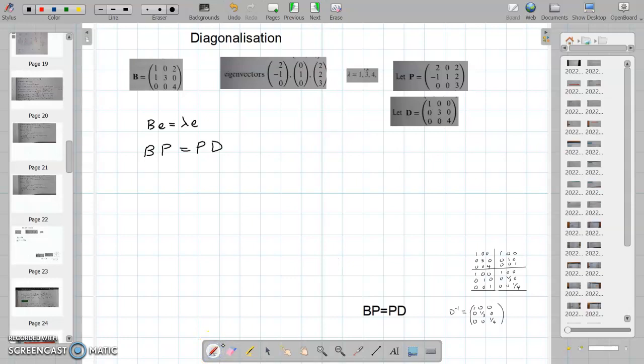We want to get B on its own, so we're going to multiply both sides by P to the minus 1, P inverse. If we do that, I'm going to multiply the right hand side by P to the minus 1. Remember, this is matrix algebra, so it's important it's the right hand side and not the left hand side. You can't have one on the right and one on the left.